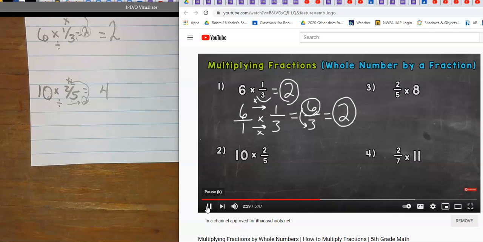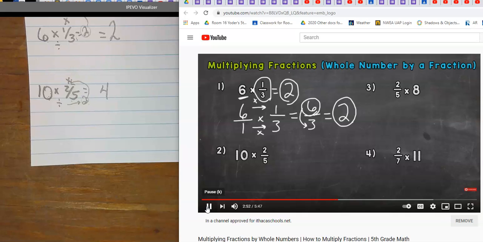But since we multiplied by a number or a fraction less than 1 whole, our answer actually got smaller in value than the 6 that we started with. So even though we multiplied, our answer got smaller than what we started with because we multiplied by a number that was less than 1 whole.